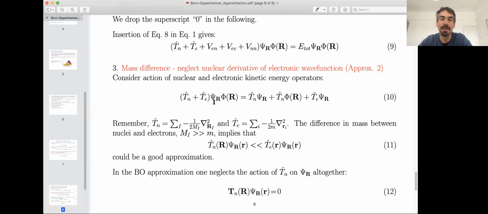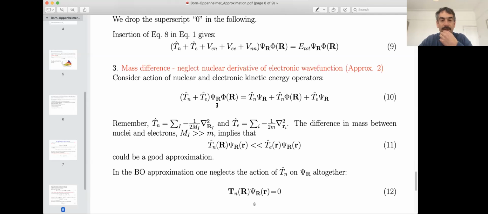These electronic wave functions depend on the small r's, on the electronic coordinates. But since the electronic wave function is solved for a given configuration of the nuclei, which I call capital R, it depends parametrically on these nuclear coordinates, and this is why I use a subscript capital R, to show this parametric dependence.